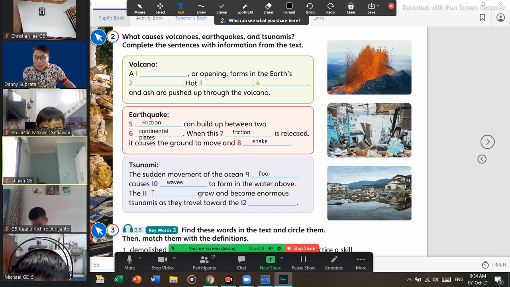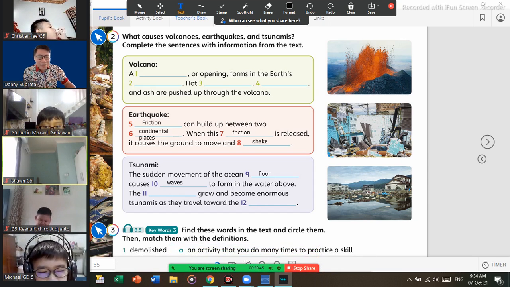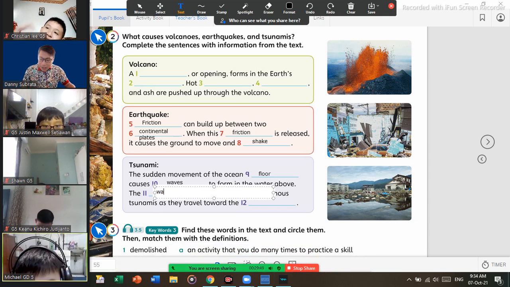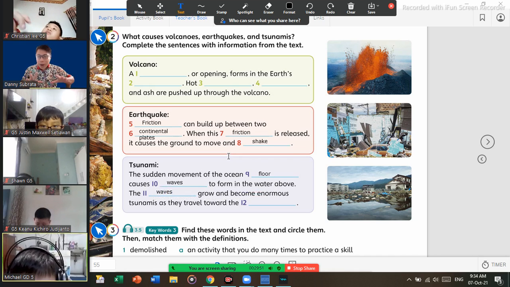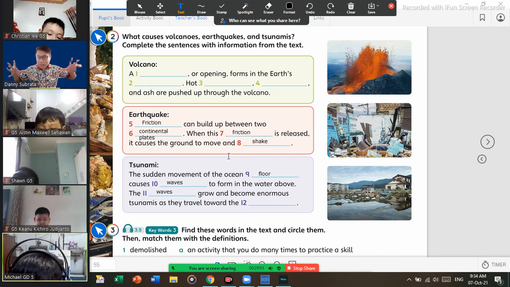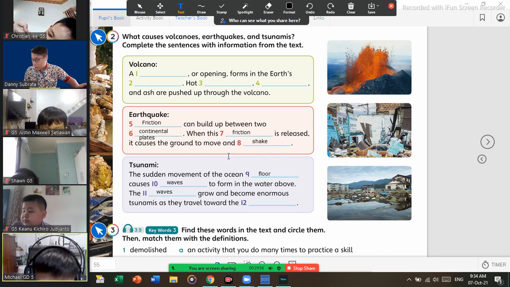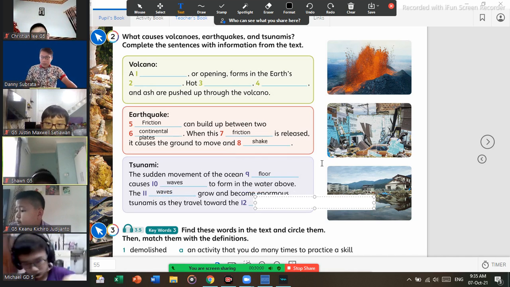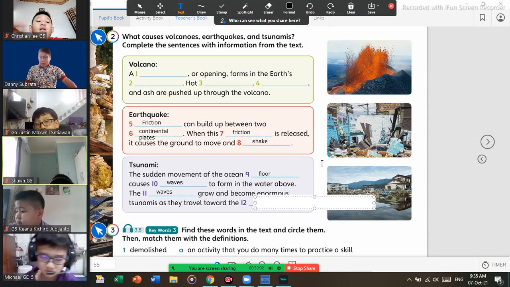Okay, next one. After we talk about waves, the waves again grow and become enormous tsunamis as they travel toward the, where will they meet?